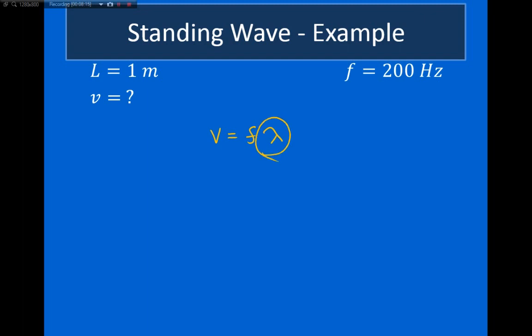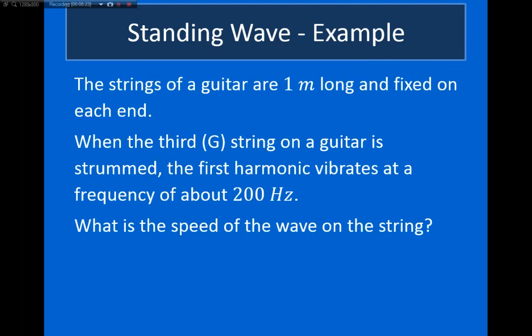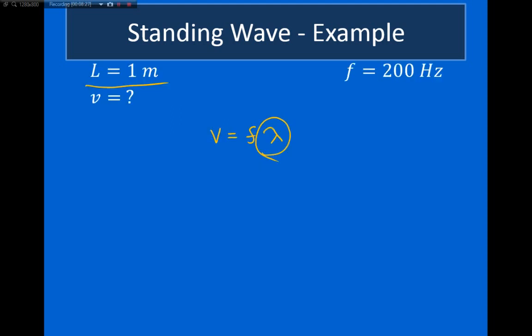But I wasn't given that. But what I was given was the length of the string. So remember, I should have mentioned this in the previous slide. What we're talking about here is the first harmonic. For the first harmonic, remember that's this kind of thing here. We have these fixed ends, and we have this kind of wave like this.